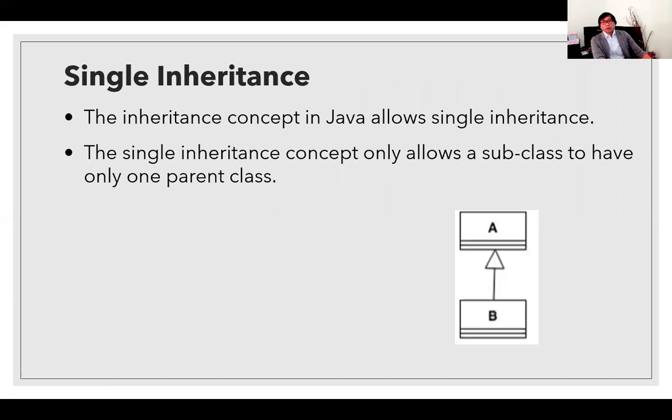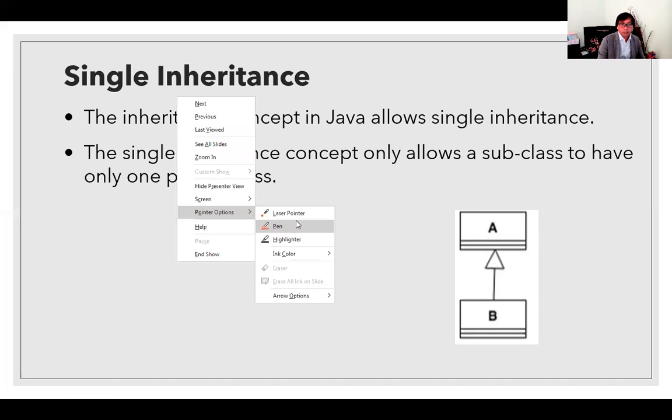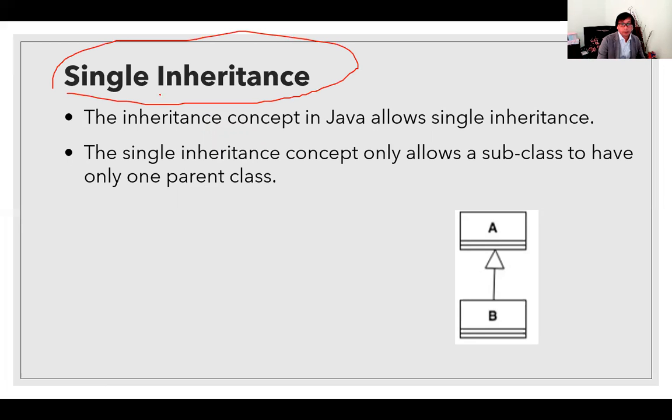So, firstly, what is single inheritance? The inheritance concept in Java allows a single inheritance. The single inheritance concept only allows a subclass to have only one parent class. It means that the B class cannot become a parent of another class when we deal with the single inheritance concept.